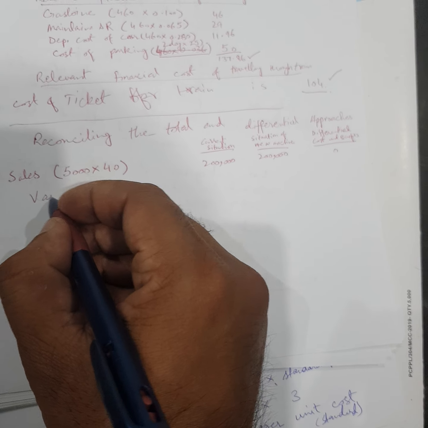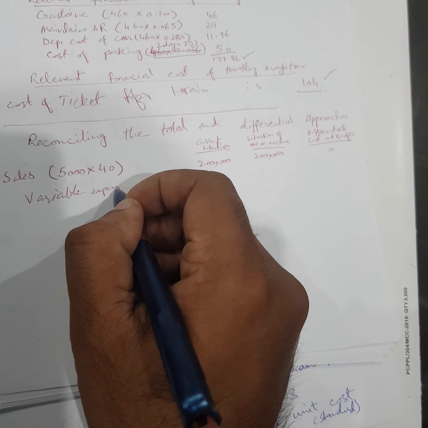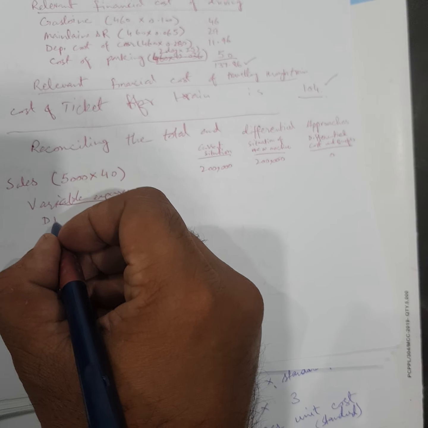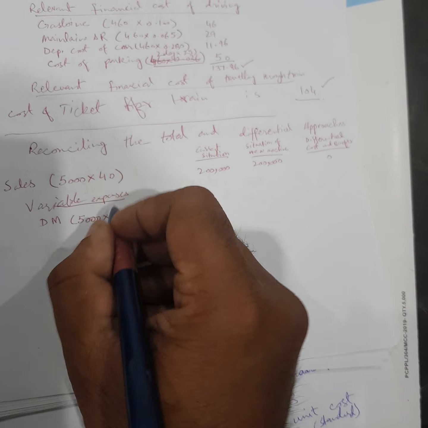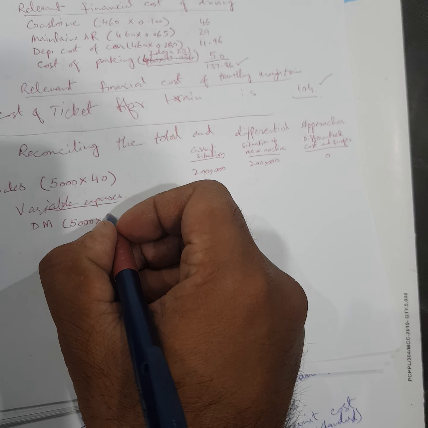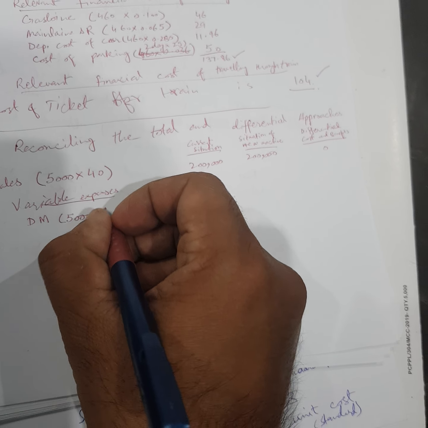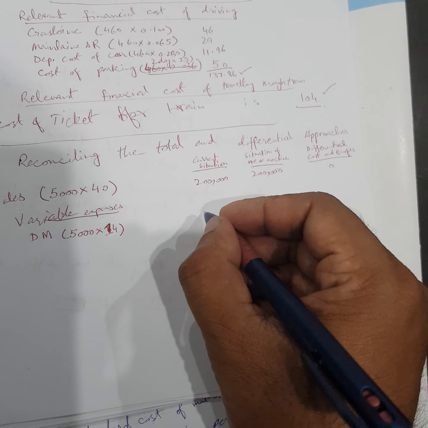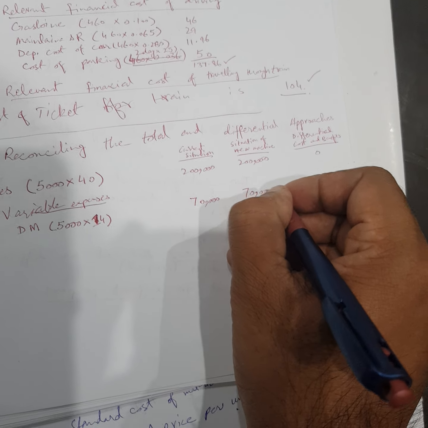The variable expenses: direct material cost was 14 rupees per unit in both cases. So the amount is 70,000 and 70,000.